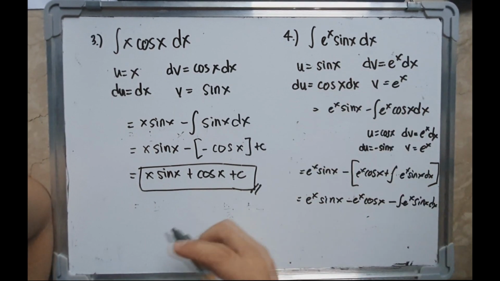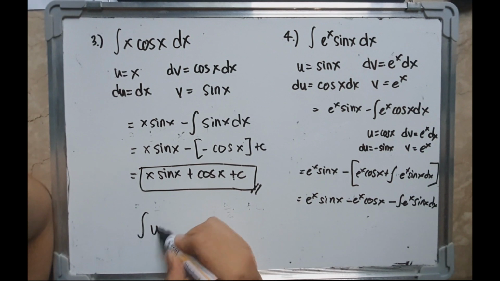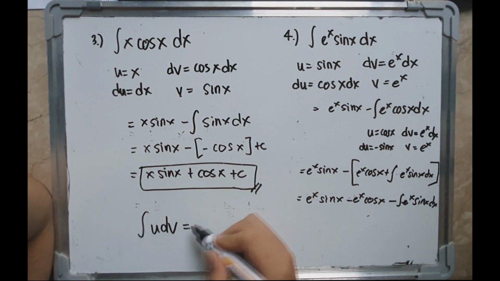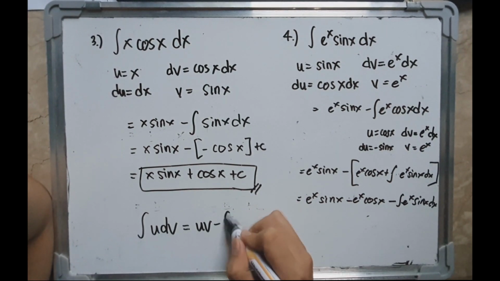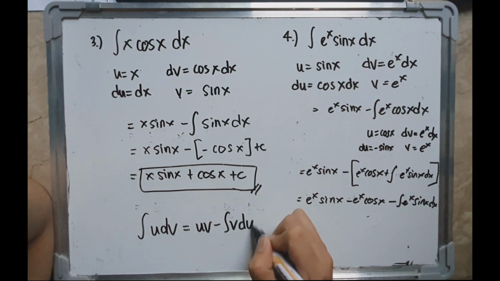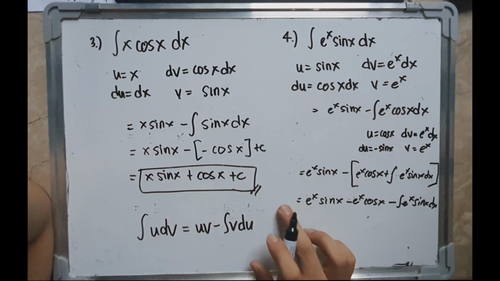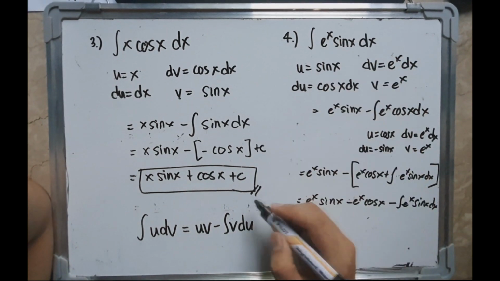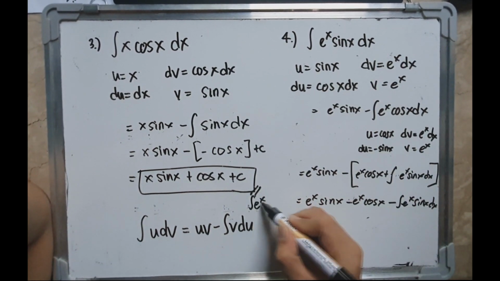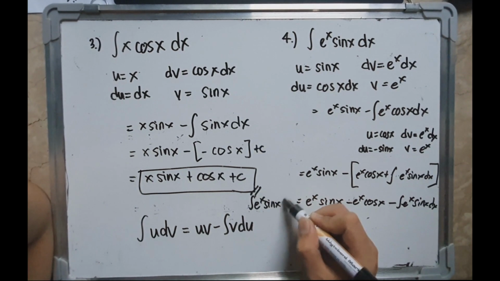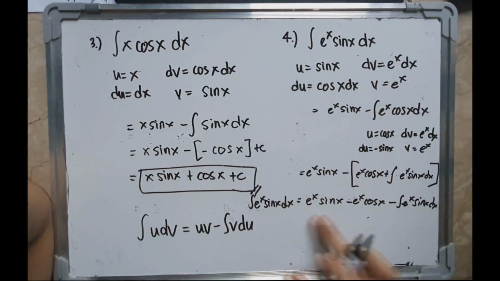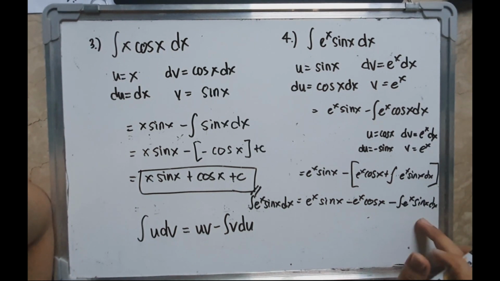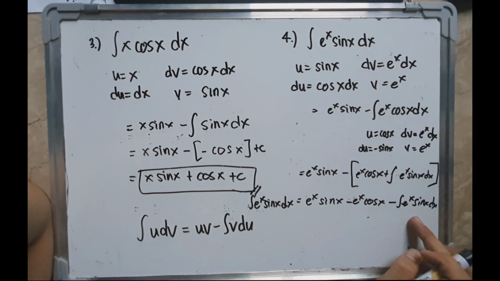So according to the integration by parts, integral of u dv equals uv minus integral of v du. This is an equation, so meaning to say we still have our integral of e to the x sine x dx. If this is an equation, we could transpose this one to the other side.